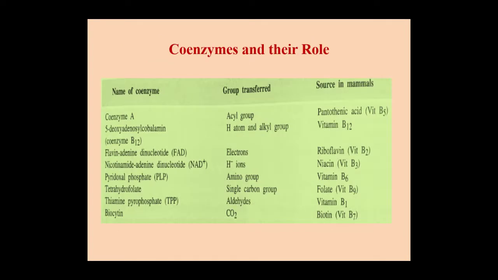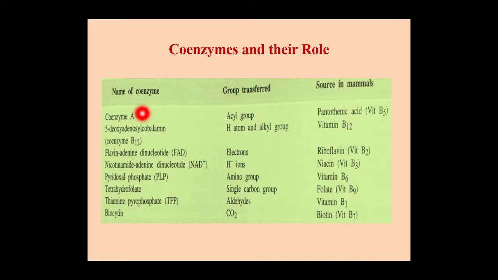Now the various coenzymes, their sources, and the groups which they transfer are presented in this table. Coenzyme A, which is obtained from vitamin B5 pantothenic acid, transfers the acyl group.